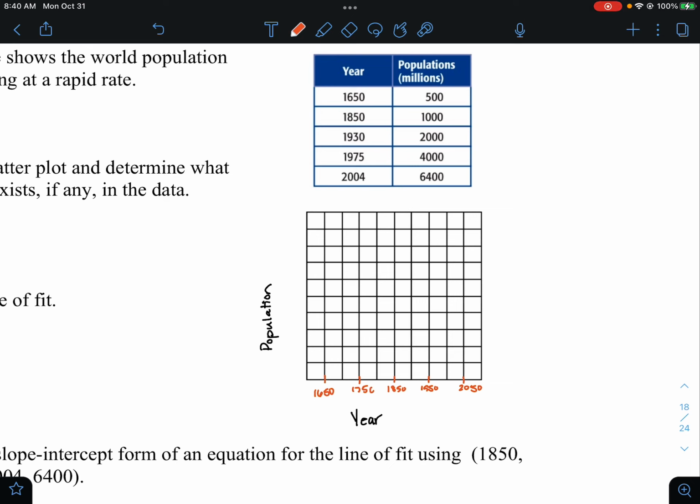Oops, I forgot my 0 there. Probably can make that a little bit better, because we're going to have a whole bunch of numbers smushed there, but that's okay. That'll get us going. And now our population, we have to go from 500 to almost 6,500.